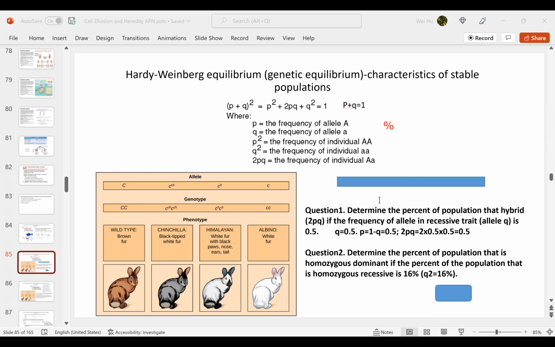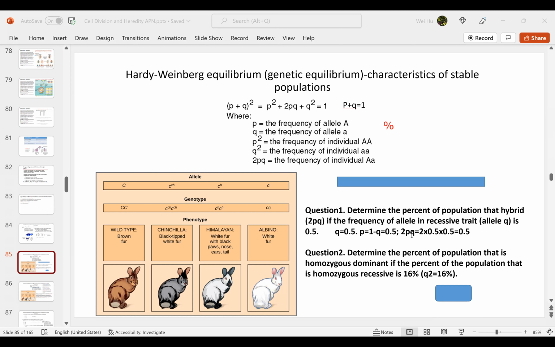Now let's do this one. They said the recessive allele is 0.5. According to the equation P plus Q equals 1, because Q equals 0.5, P must equal 0.5.